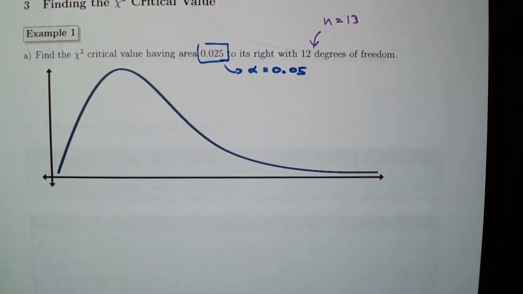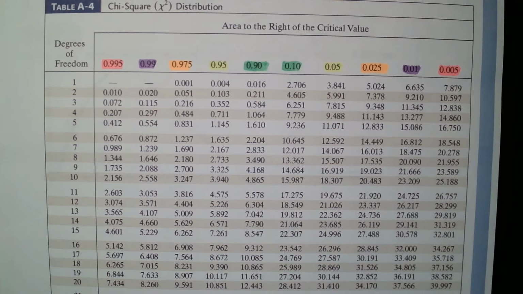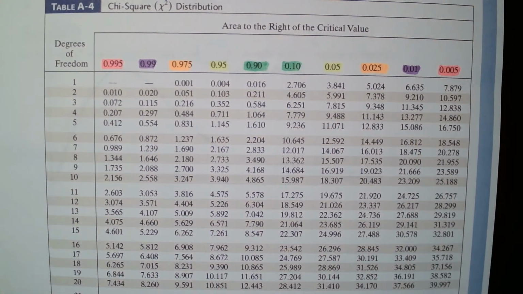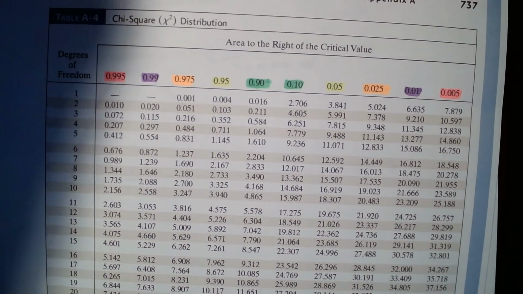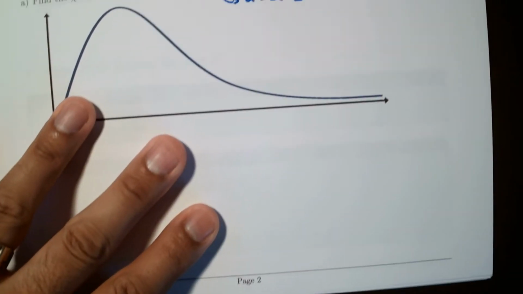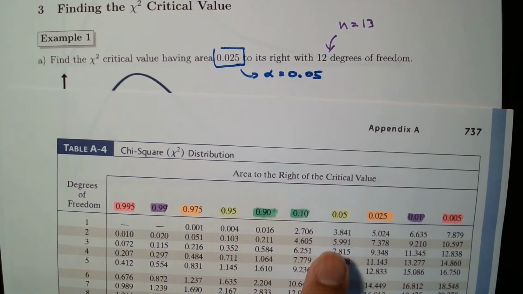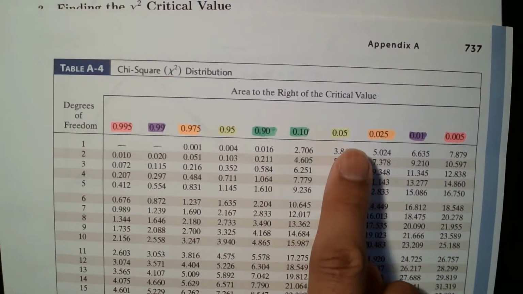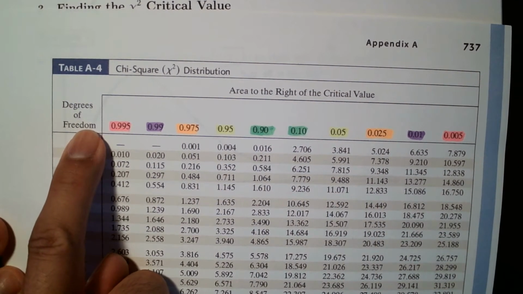Now I'm going to show you how to read the table for the chi-square distribution. You will have it in a separate file. I will explain soon why I have them highlighted in different colors. In this case, we're looking for alpha 0.05, which is the one highlighted in yellow, and the degrees of freedom is 12.